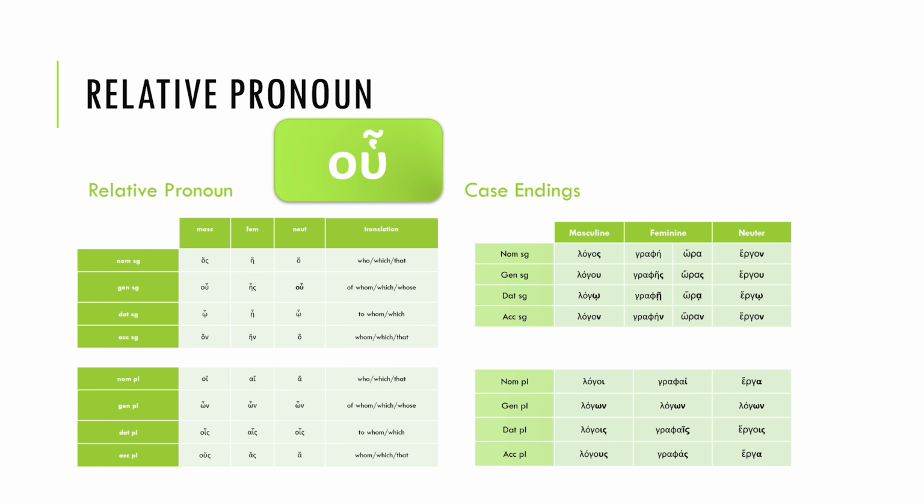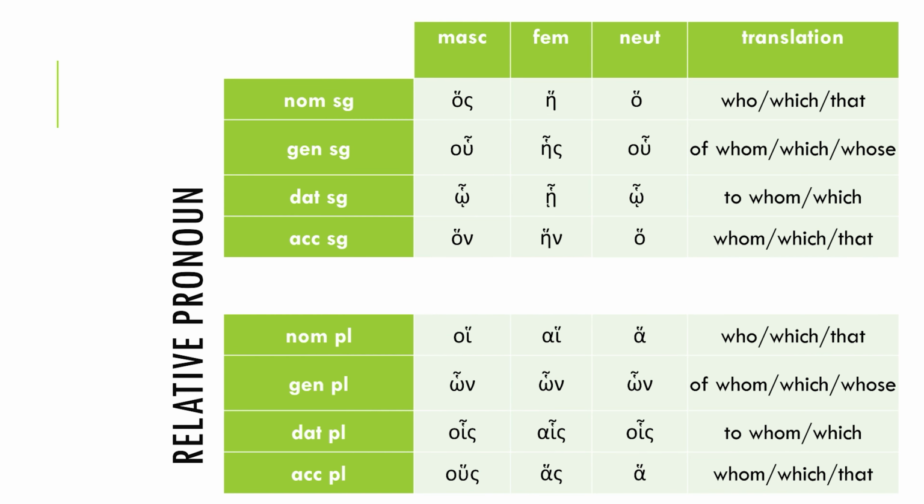So here's the chart a little larger. You can see them, and you can see how they're translated. Who, which, that, of whom, of which, of whose, and you just go down the line, and that is it. There's not really anything to dwell on as far as how to identify the relative pronoun.